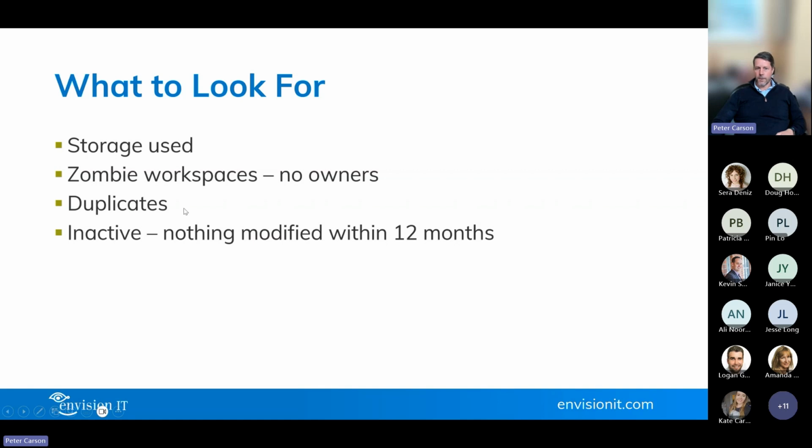That duplicate concept there. The big one for me is actually that inactive, to say, hey, has anything happened in here in the last year? And what does that actually mean? It can mean a number of things. It could mean that some document has been touched and updated in the last year in that workspace. It could be that a conversation has happened in a channel in the team for that. So there's different things that we look at to determine what is that activity level.